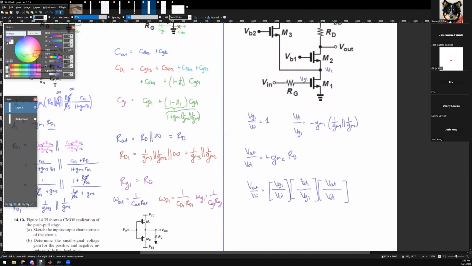Or I can multiply each of the transfer functions together. This is a 1. This is a negative GM1, and so on. And the last guy is GM2 RD. Multiply these 3 together, and you're done. Okay, makes sense.